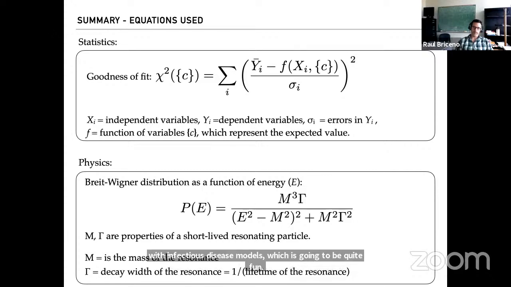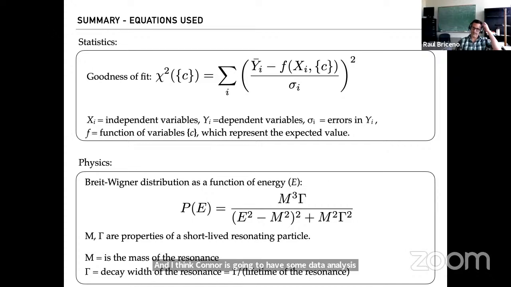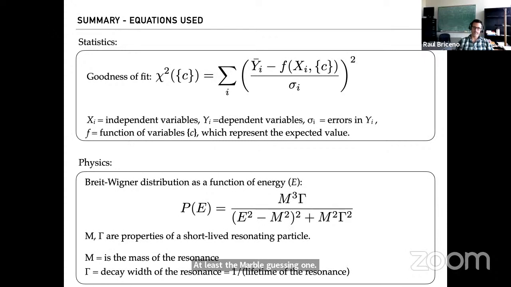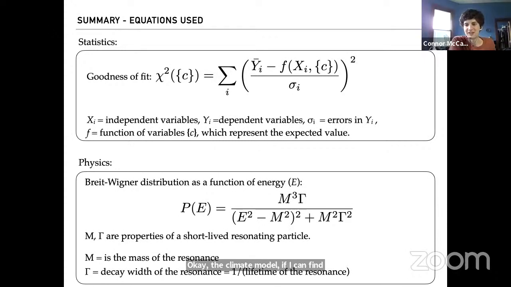And I think Connor is going to have some data analysis project for you to consider sometime next week. Is that right, Connor? Yeah, at least the marble guessing one. Hopefully the climate model, if I can find dense enough measurements.